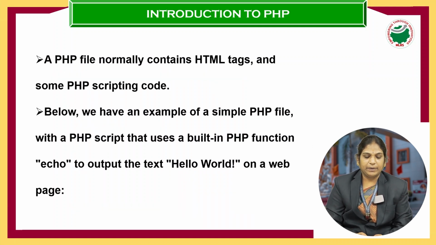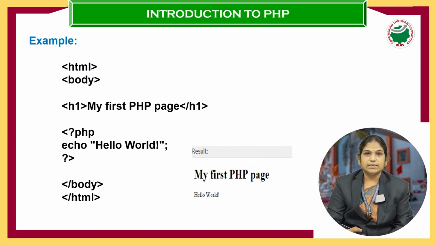Normally a PHP file contains HTML tags and some PHP scripting code, and one basic example of a PHP program is this. We write the HTML tag, that is, opening of the HTML, and body. Inside the body we can enclose our PHP code.